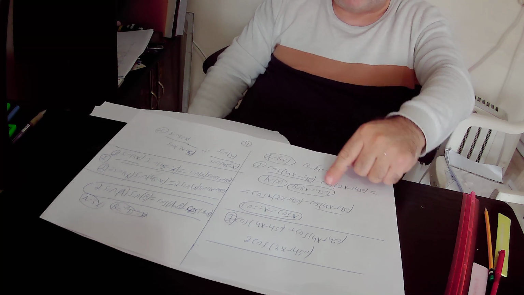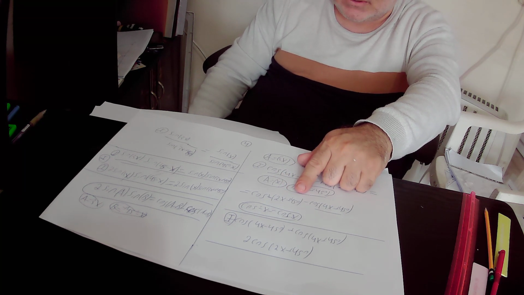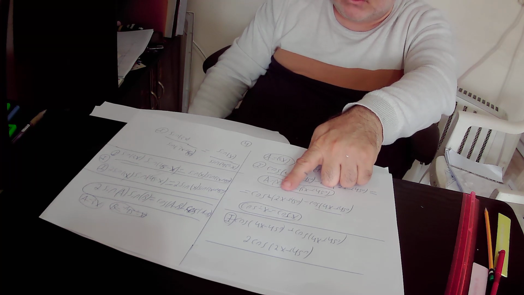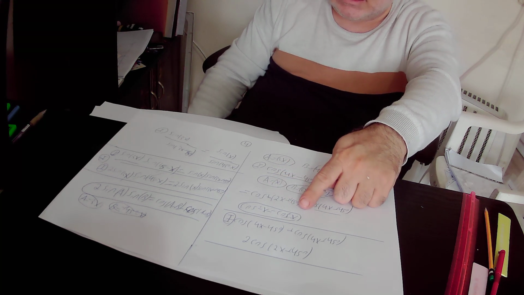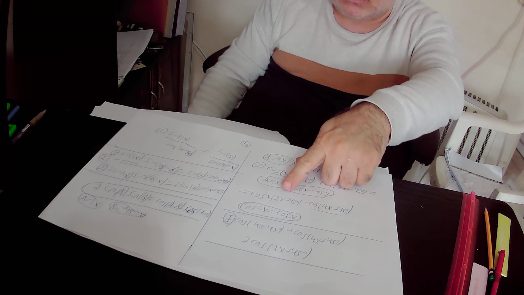So we got here cosine (minus 2x minus 45 degrees). So we have here a minus before the expression, but we know that cosine of minus x is equal to cosine x, so we can turn the negative sign to a positive sign.